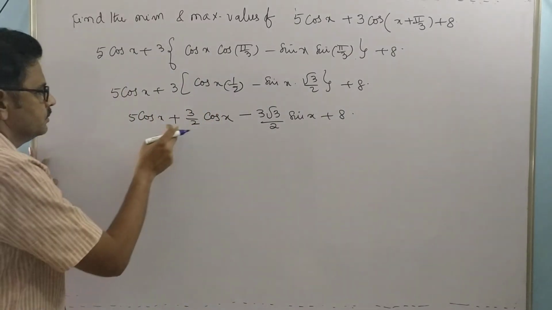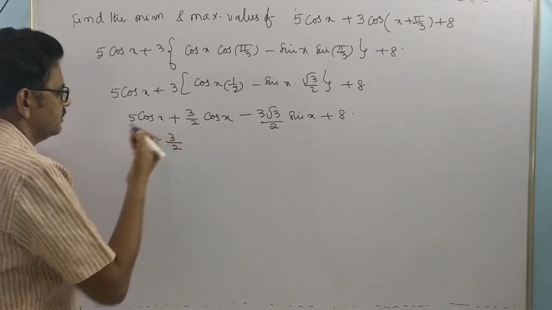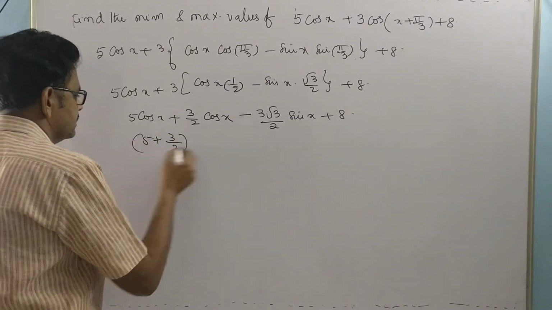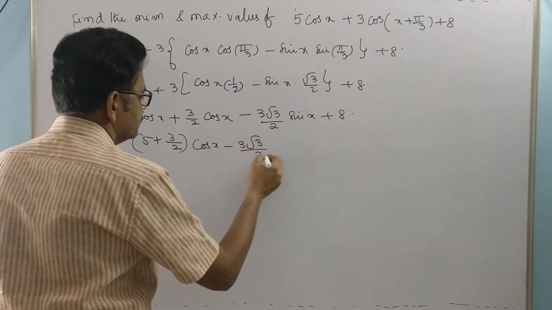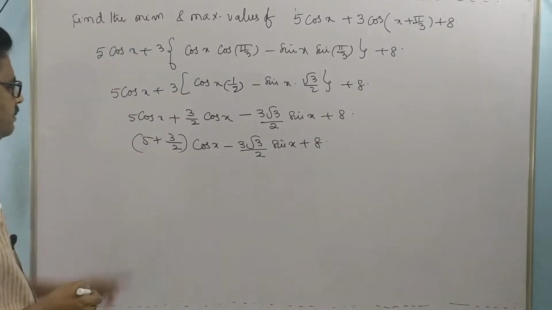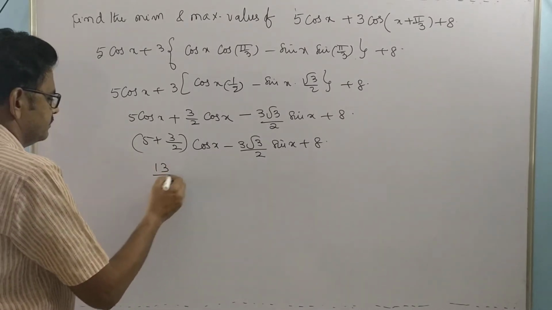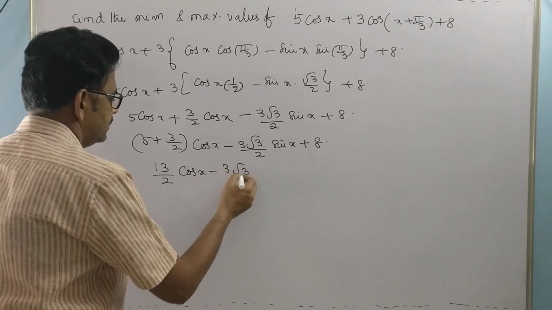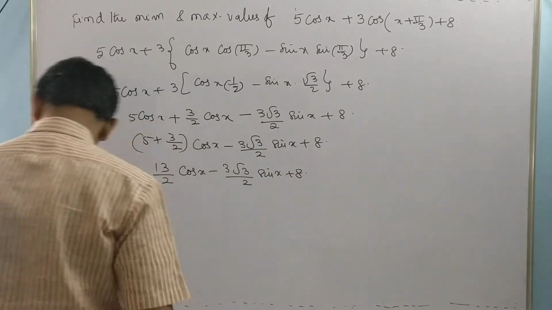If you take cos x common, 5 plus 3 by 2 into cos x minus 3 root 3 by 2 into sin x plus 8. Taking LCM, this is 10 plus 3, 13. So 13 by 2 cos x minus 3 root 3 by 2 sin x plus 8.